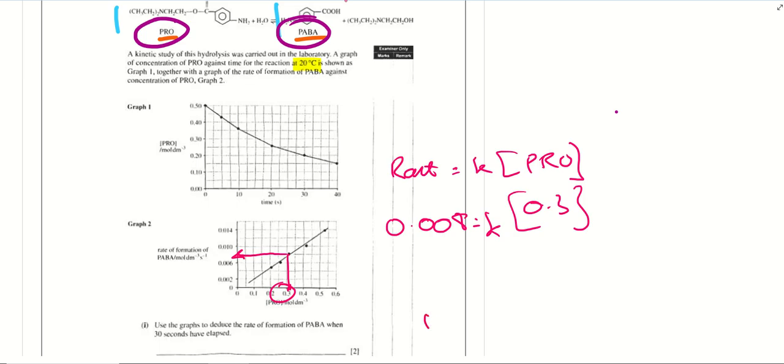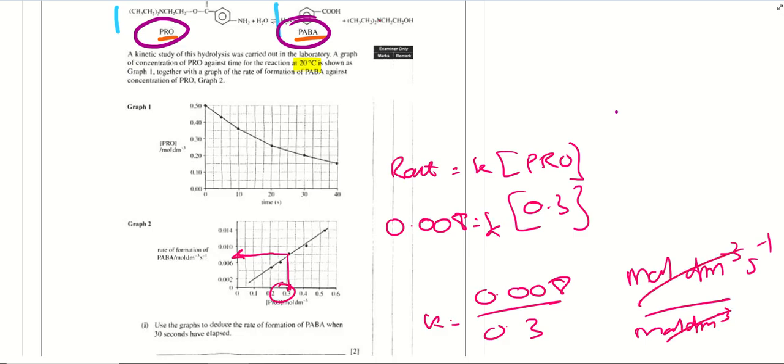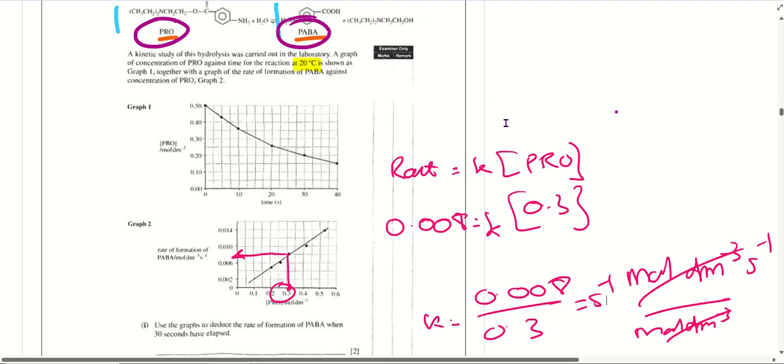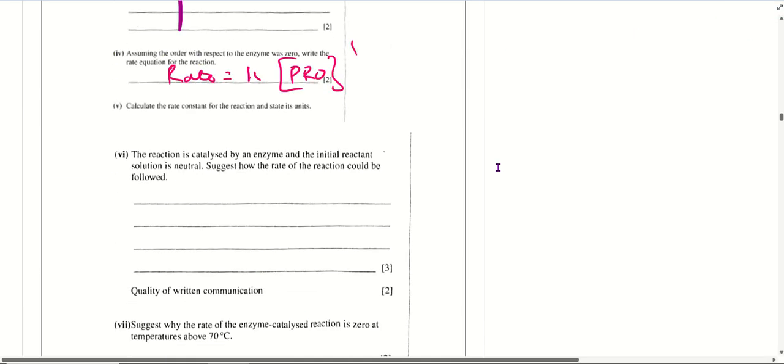And that's k. So k equals 0.008 divided by 0.3. My units would be moles per decimeter cubed per second on the top line, and the bottom line would be simply moles per decimeter cubed. Cancel, cancel. My units will be s to the minus 1. So 0.008 divided by 0.3, whatever that is, and the units are s to the minus 1. Okay.